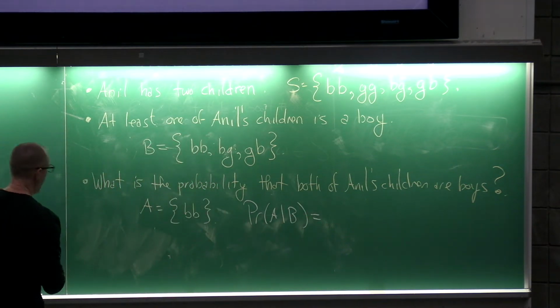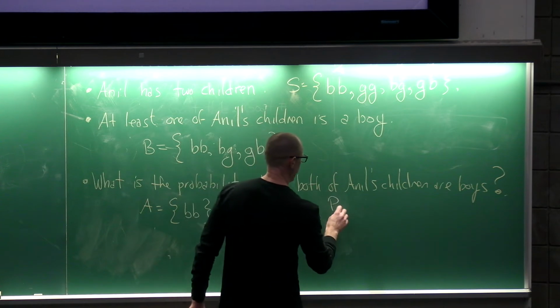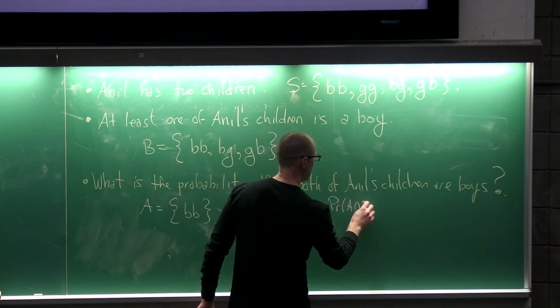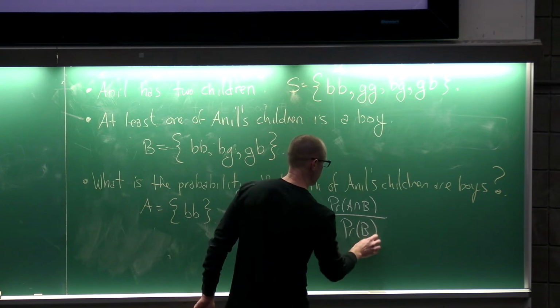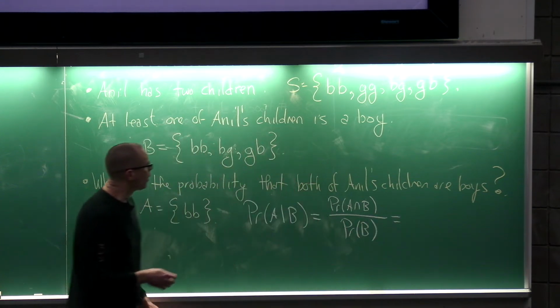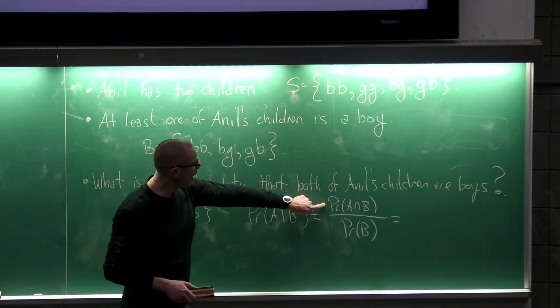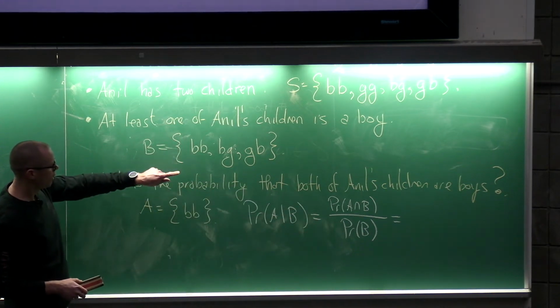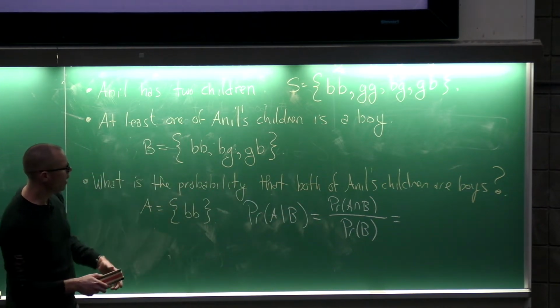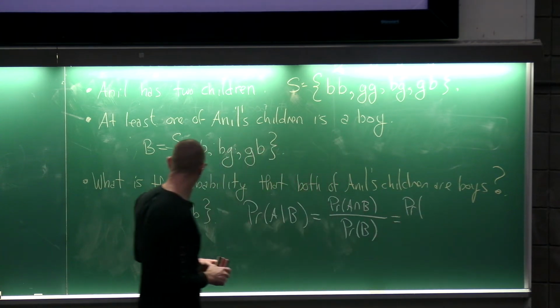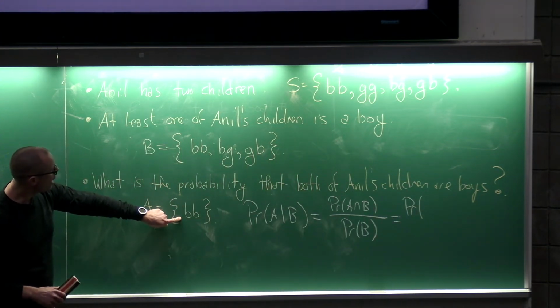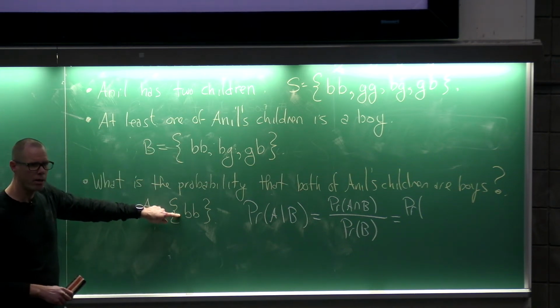And the formula says that that should be the probability of A and B divided by the probability of B. The probability of A and B: here's A, here's B. A and B only has one element in it.